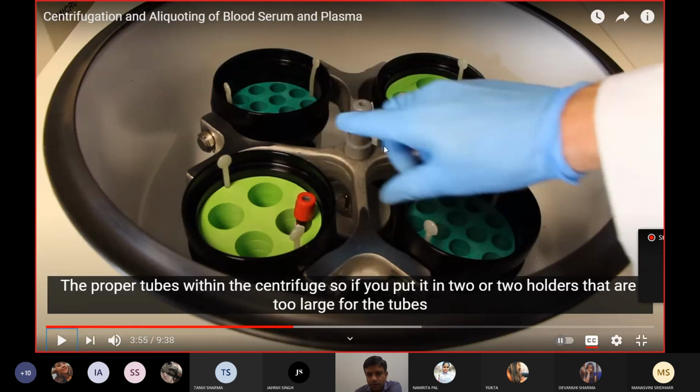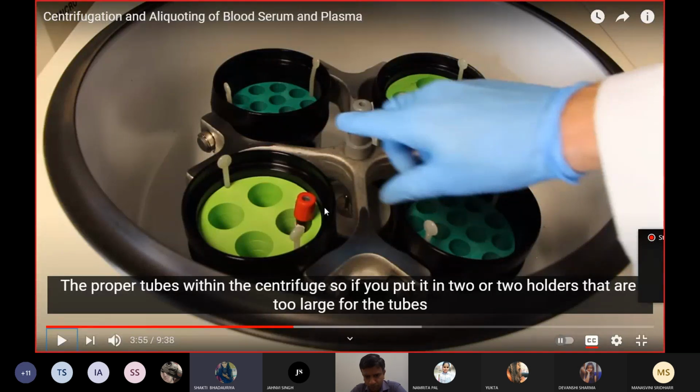Another thing, anyone, he has put this tube here. Is it okay to put this tube here? No, sir. I think he should put it in the smaller ones. Yes. Why?